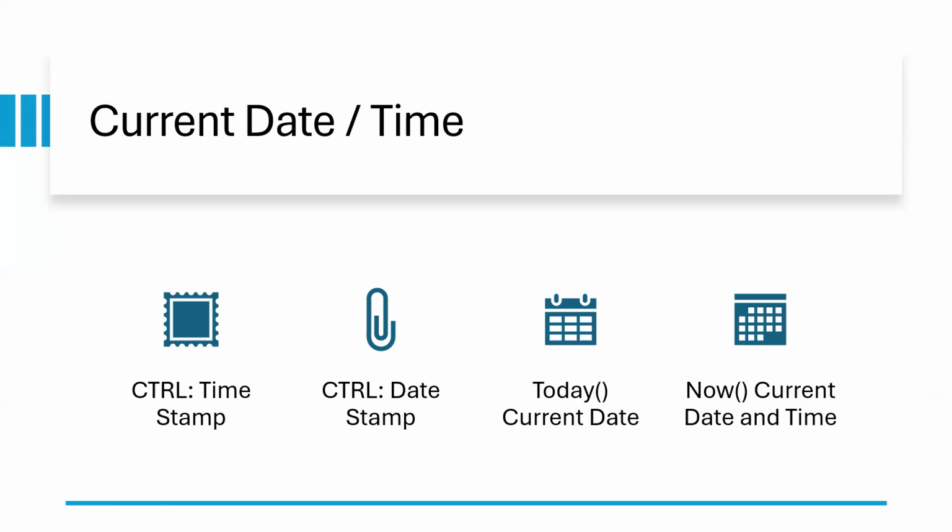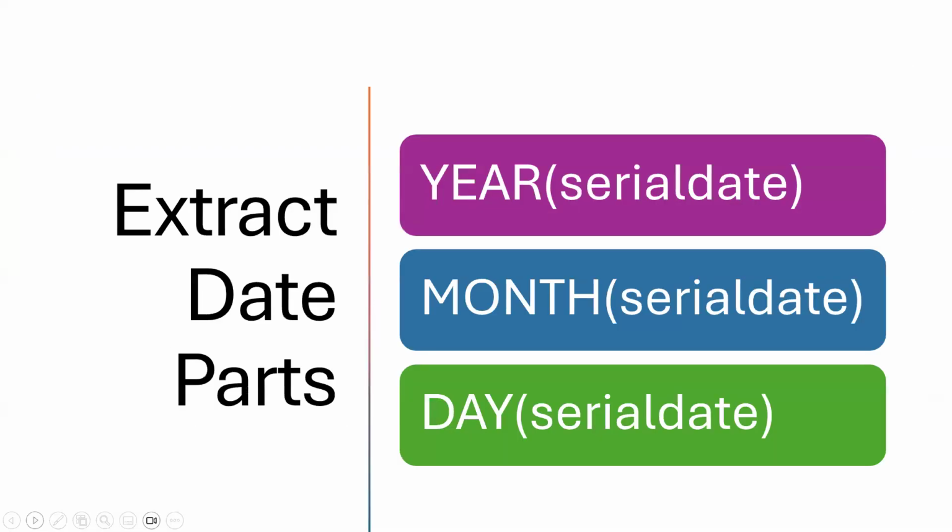Control shift colon should give you the current time, and NOW should give you your current date as well as your time. Sorry, my apologies, I had these swapped. I will correct this before sending the slides across. So we are going to extract this using the YEAR, MONTH, and DAY functions.